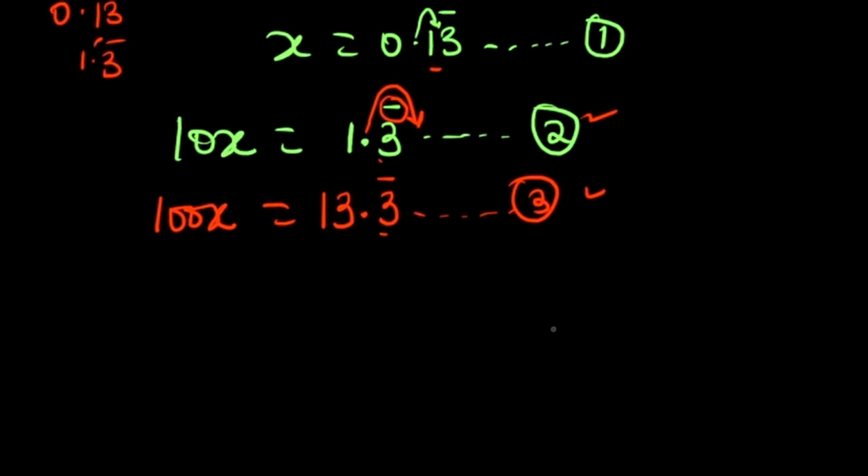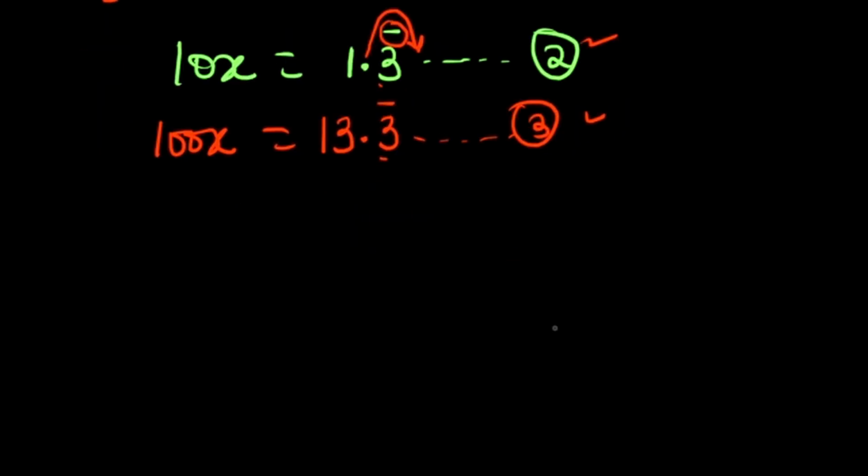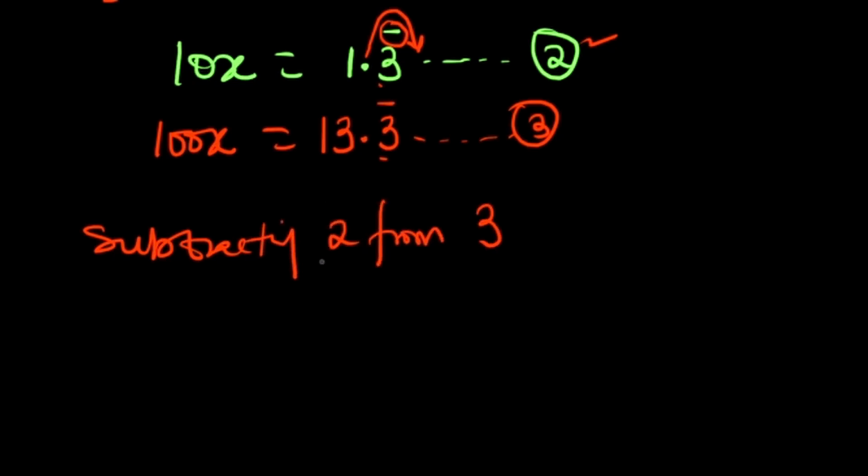Now let's do just that. And that's how to do it. It's not very hard. It's just really easy. Hence we have subtracting. Okay, let me write it this way. Subtracting 2 from 3. Okay, so when you subtract 2 from 3, what are you going to get?